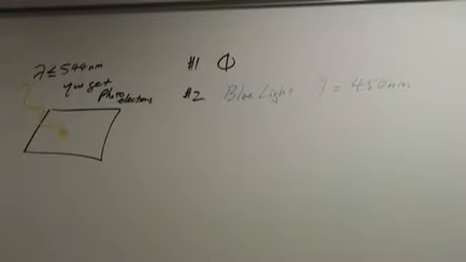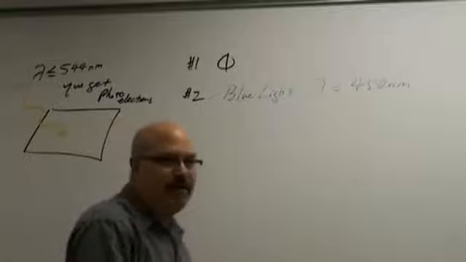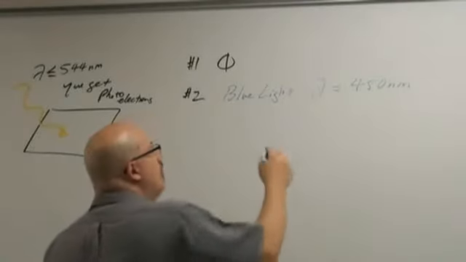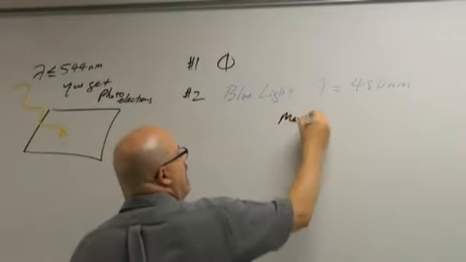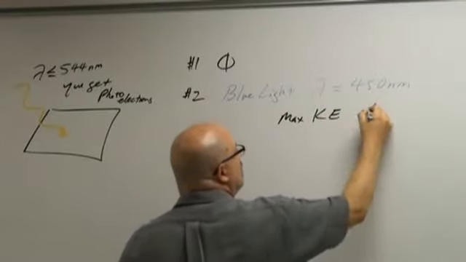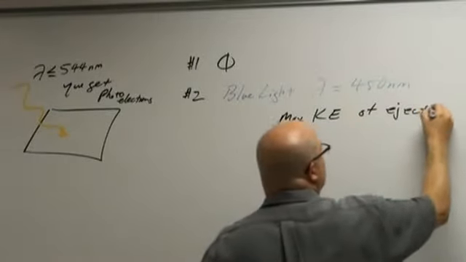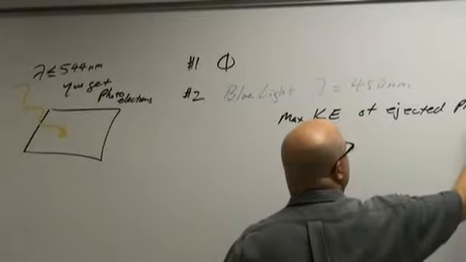So I want you to tell me what's the work function for this material, and the second thing is if you hit it with blue light, okay, what will be the max kinetic energy of ejected electrons?